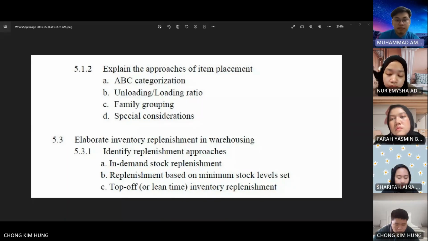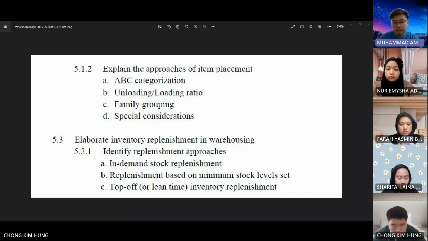For replenishment based on minimum stock level set. Replenishment based on minimum stock level set refers to the process of resupplying or restocking inventory to maintain a desired minimum level of stock. It involves monitoring the quantity of product or materials on hand and initiating orders or actions to ensure that the stock does not fall below a predetermined minimum threshold.